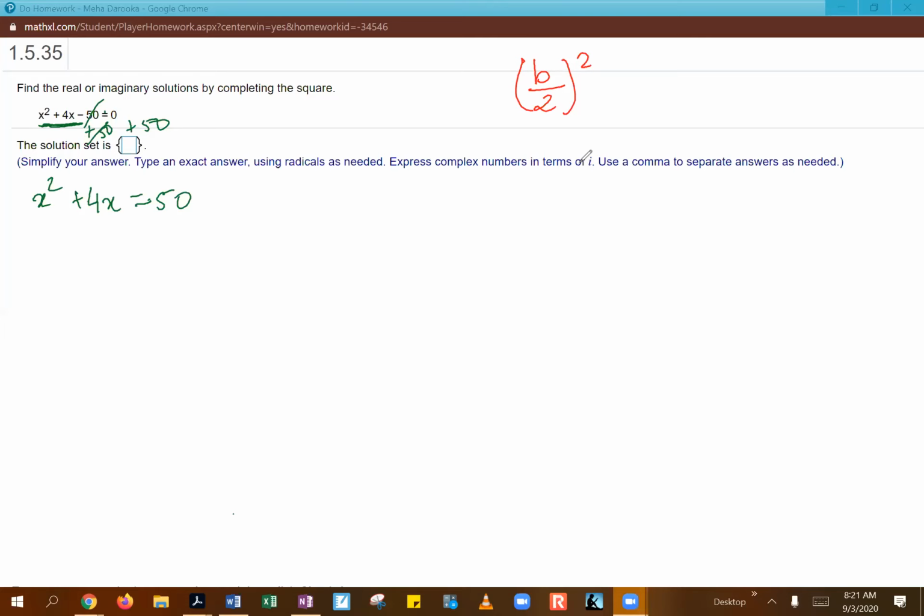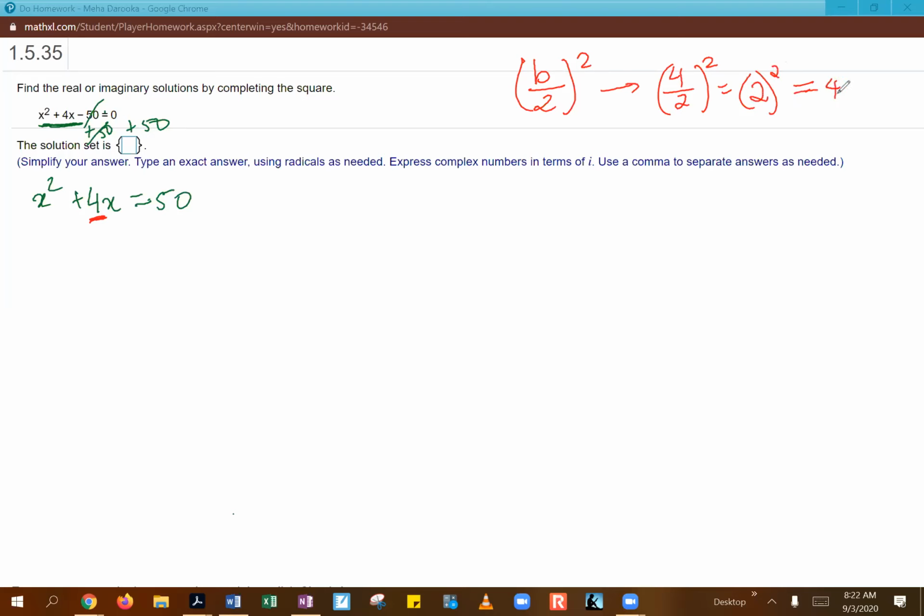So yeah, take the coefficient from the middle term, divide by 2, and square it. For us, the coefficient of our middle term is the number 4. So we take 4, divide it by 2, which is 2, and 2 squared is 4.